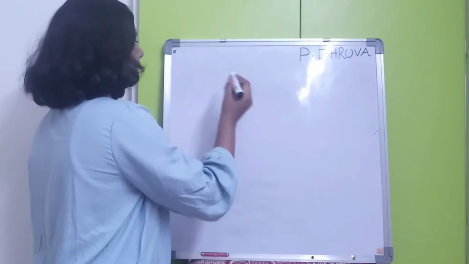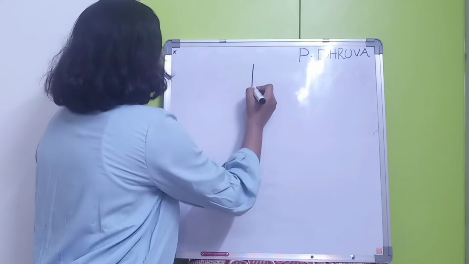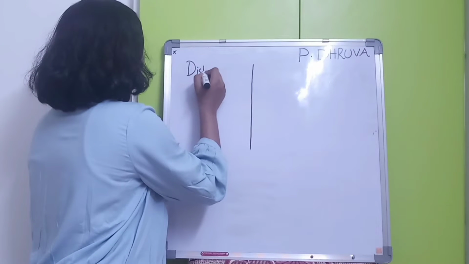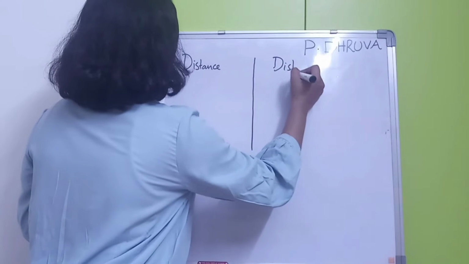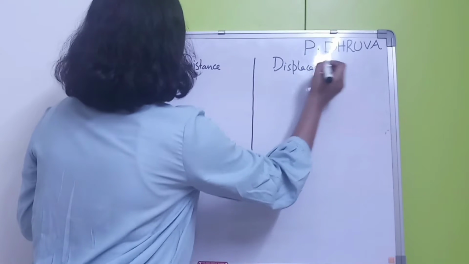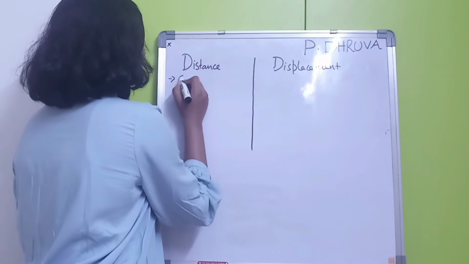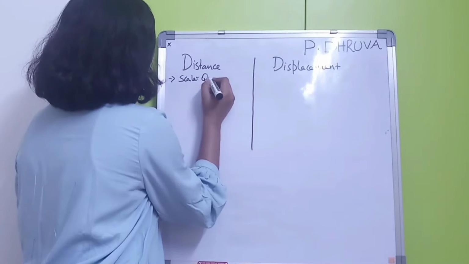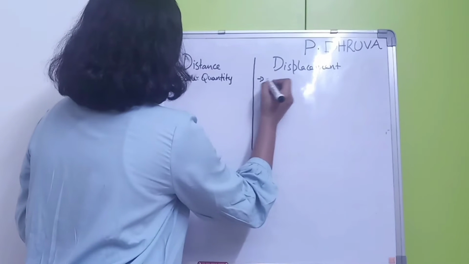Now let's summarize them by finding their differences and similarities. Distance and displacement. Distance is a scalar quantity. Displacement is a vector quantity.